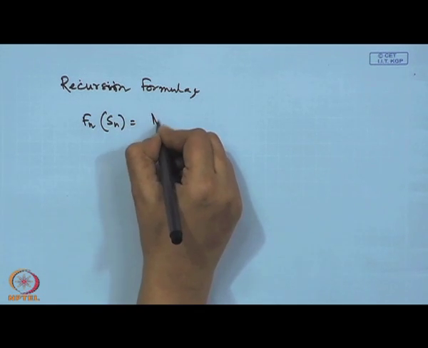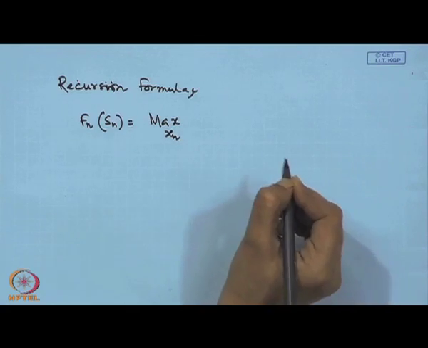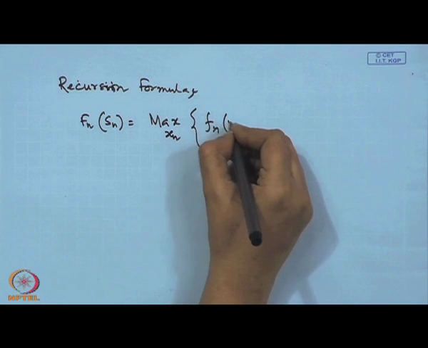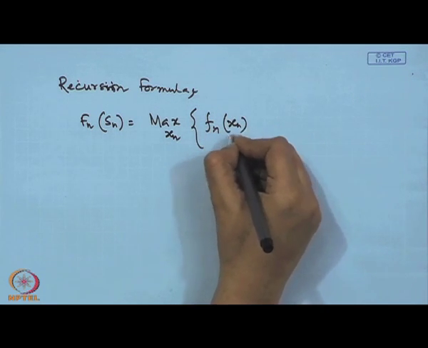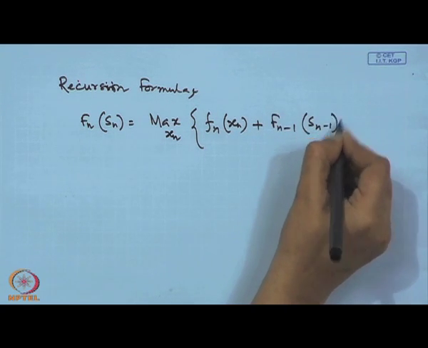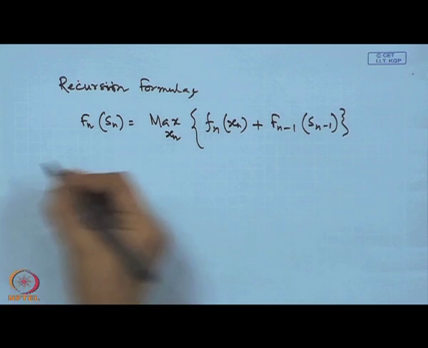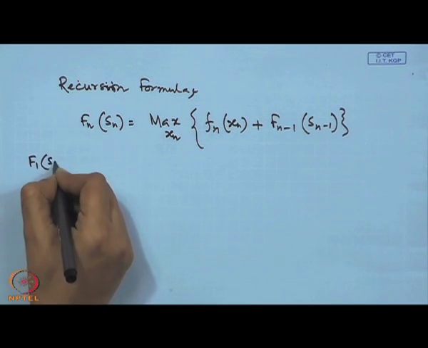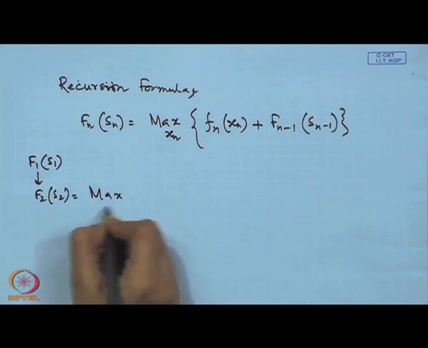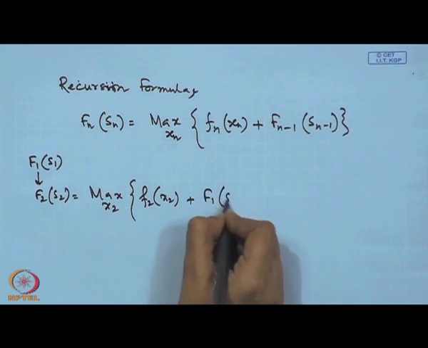Fn Sn is equal to, by considering one variable at each stage, the nth stage would be Fn xn, I am sorry, this is the objective function Fn xn, plus Fn minus 1 Sn minus 1. That means the nth stage is dependent on the n minus 1th stage. Thus, we have to move the process from F1 S1, then we will go to F2 S2 by considering max of x2, F2 x2 plus F1 S1.